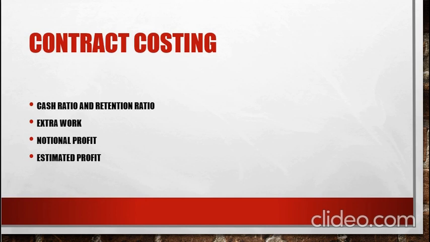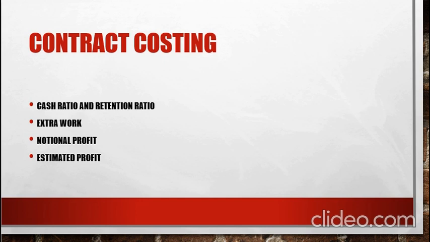Next is our estimated profit. Estimated profit represents the excess of contract price over the estimated total cost of the contract. It is computed as follows: contract price less total cost already incurred, then with that amount we minus estimated additional cost to complete the contract, and then you get your estimated profit.